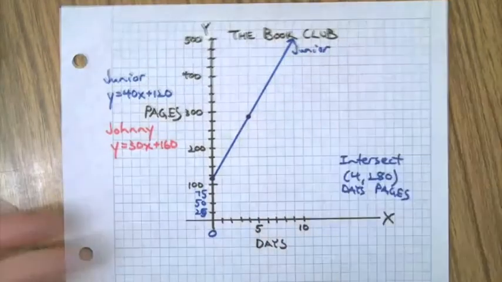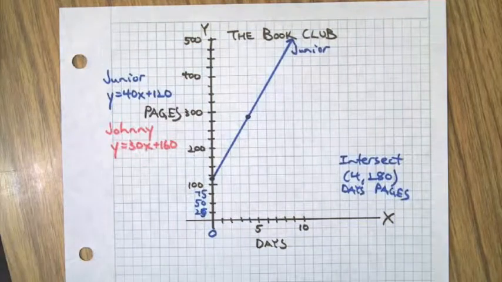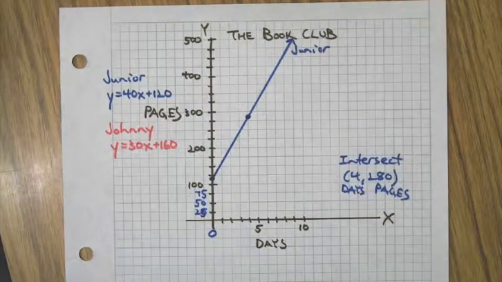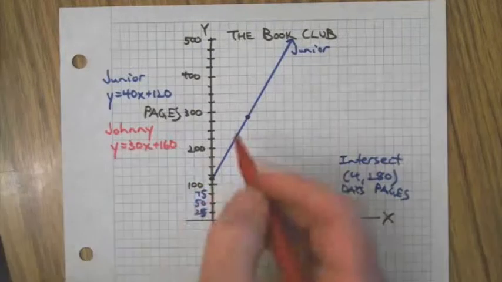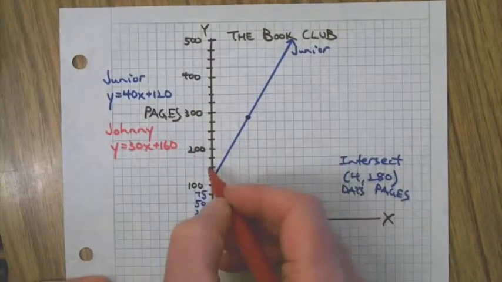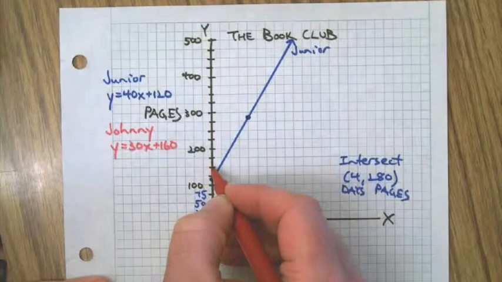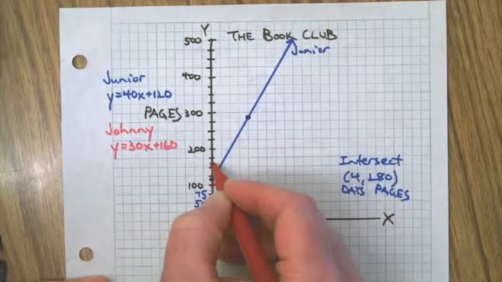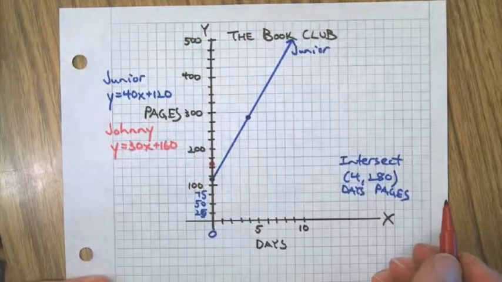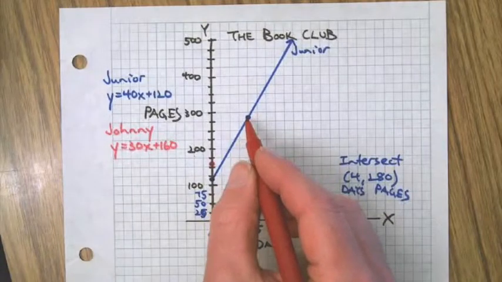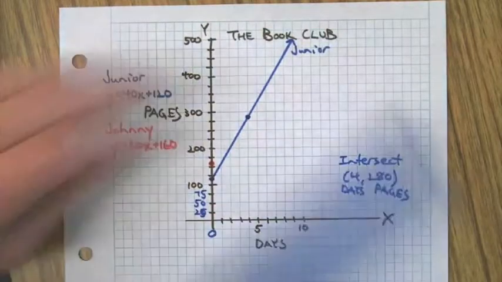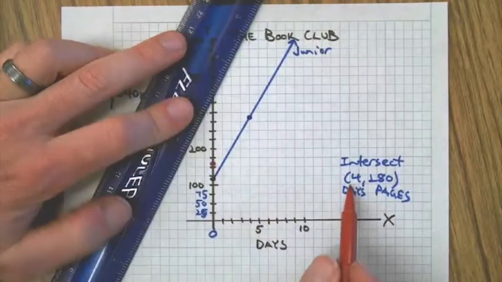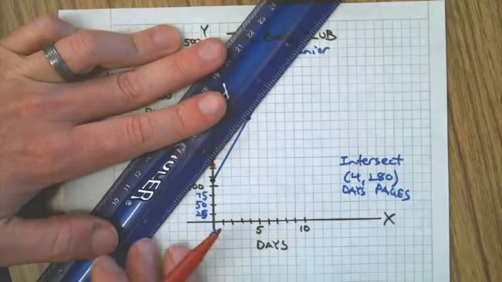Now I'm going to use red for Johnny. What's his name? Johnny. He starts on page 160. So here's page 150. It's going to be just a little more than that, 160. We know they're going to intersect right there at 4 days, 280 pages.